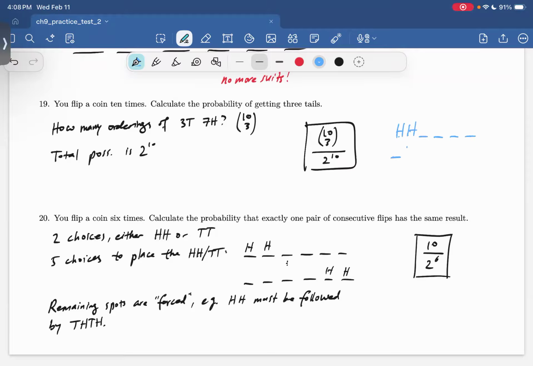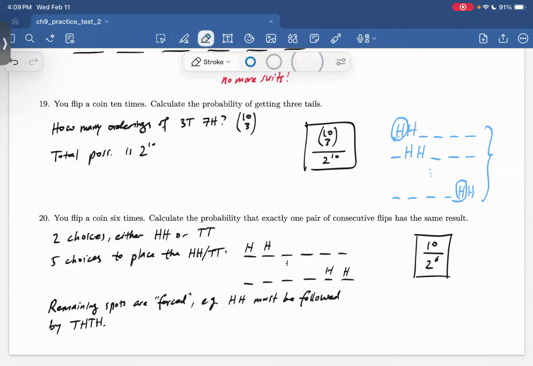We could also place it in the next 2 positions, etc., until we have only one left, which is the last 2. And in total, you can see that there are 5 choices for where to place it, right? The first H can go from the first position all the way to the 5th position. So that is 5 choices.